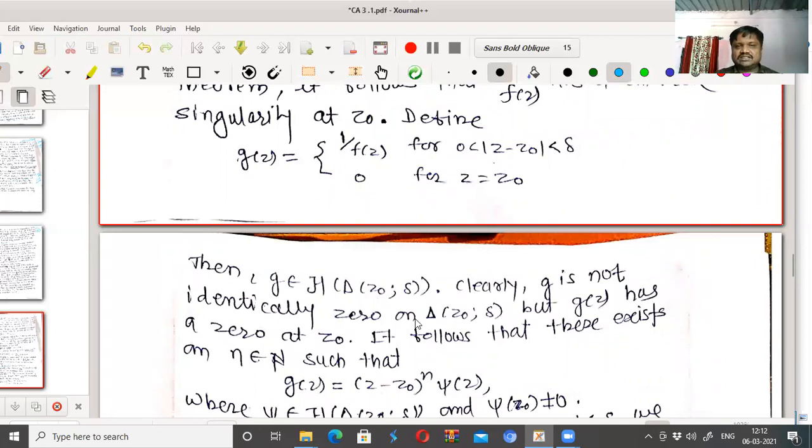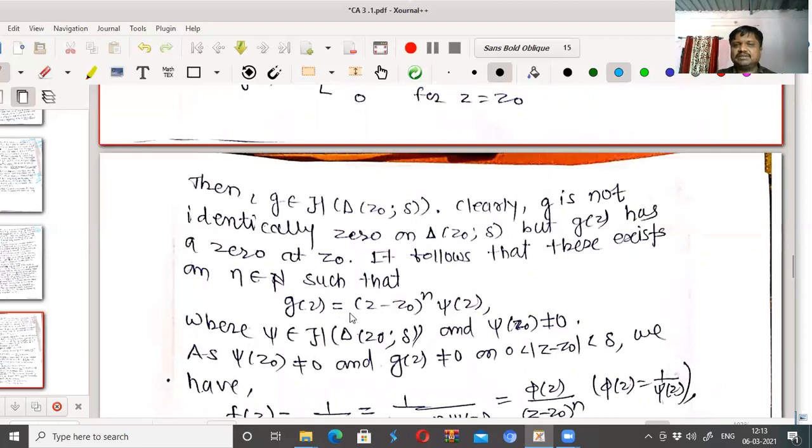Clearly g is not identically 0, but g of z has a zero at z0. Therefore, it follows that there exists a natural number n such that g of z equals (z minus z0) to the power n into psi of z. It is not identically equal to 0, but has a zero of some order, so it can be represented in this way, where psi is again analytic and non-zero at z0.